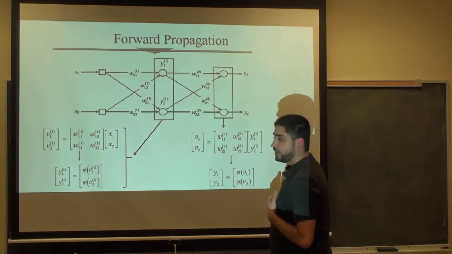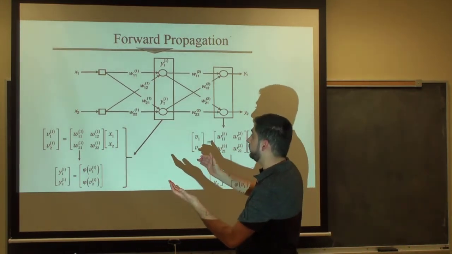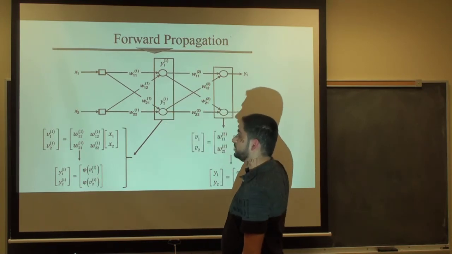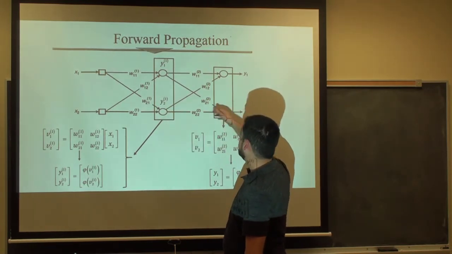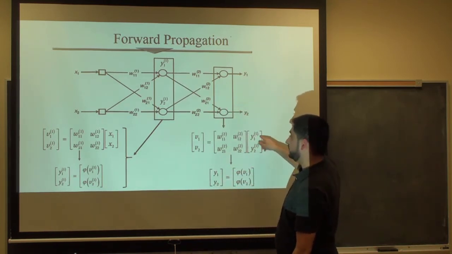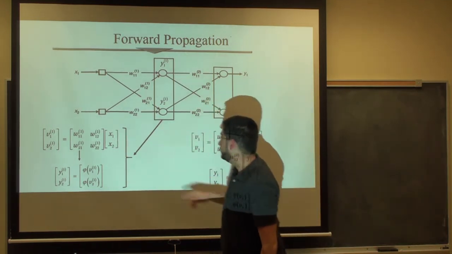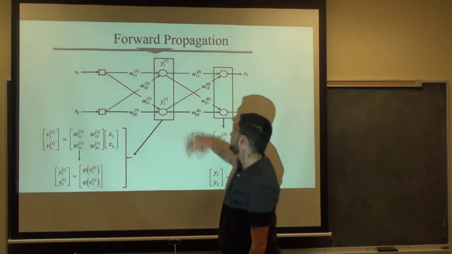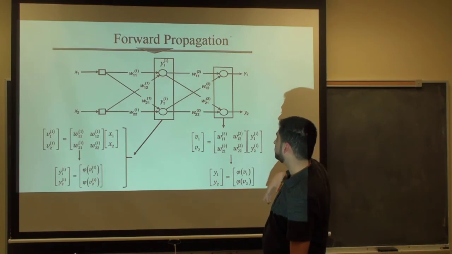Then, as we said, we take the values we got from the previous nodes and use them as input for the next layer. So here are all our nodes. The input value will be the same thing, the same equation. Instead of x1 this will be y1 parenthesis 1. Same thing here, y2.